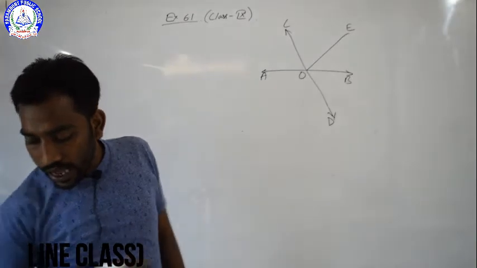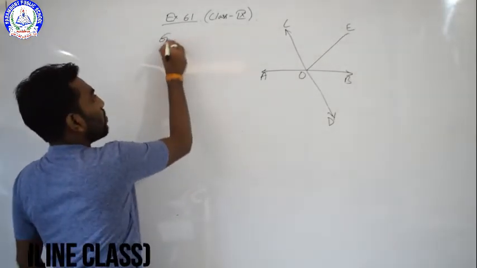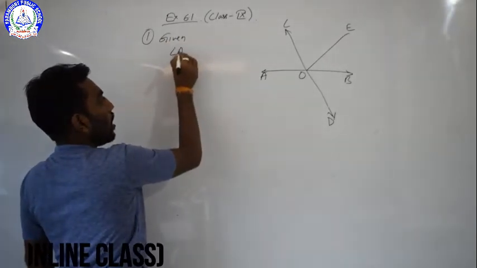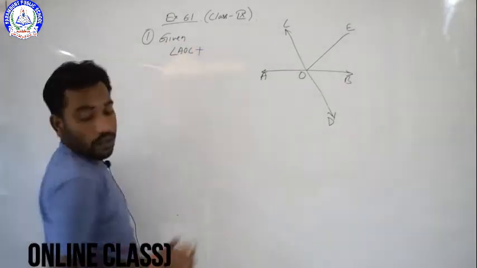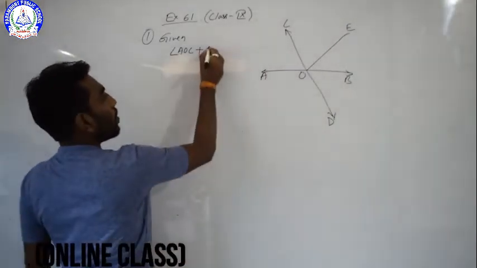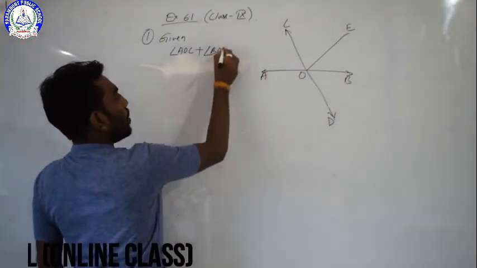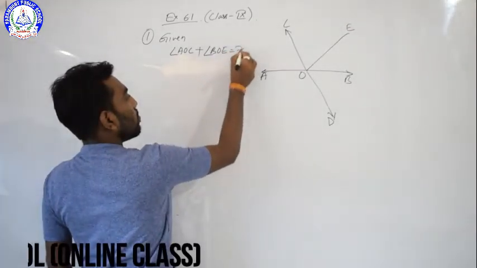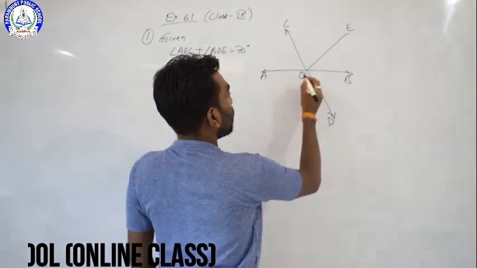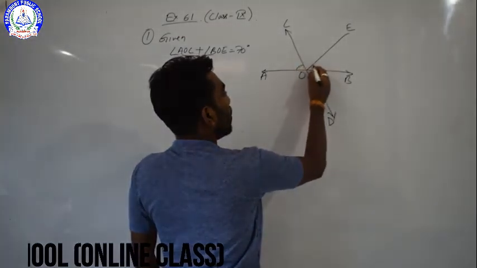If angle AOC plus angle BOE is equal to 70 degree. Where is AOC? This angle and this angle.